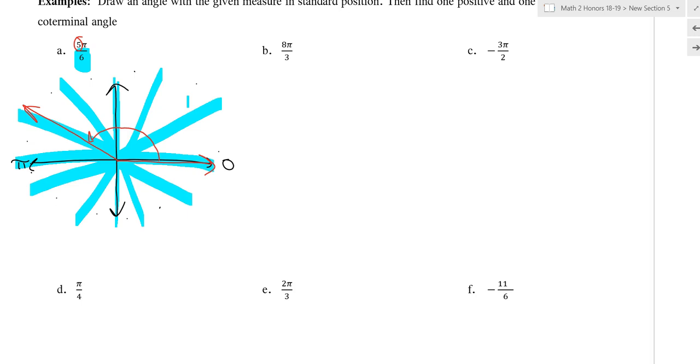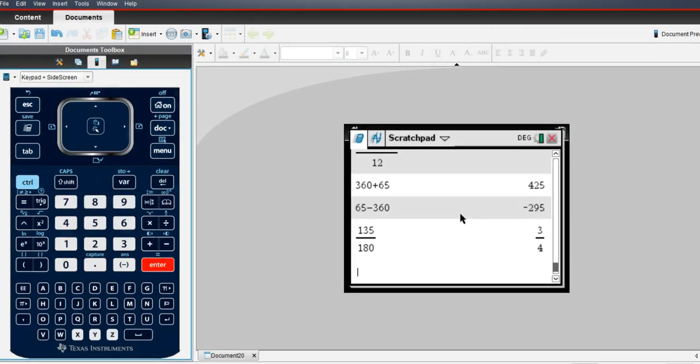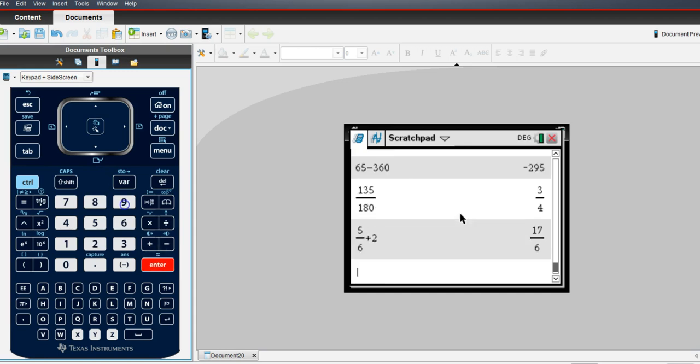Now for my coterminal angles, I don't want to add 360 because that's degrees. I want to add 2 pi. Again, in radians, 2 pi is a full circle. The easiest way is just in your calculator, do 5 divided by 6 plus 2, right? Ignore the pi's.